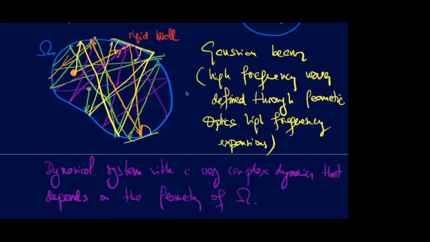Why? Because yes, you have an idea of how the dynamics is evolving, but then you realize out of this example that the behavior of solutions not only depends on what is the system you are considering, but actually also where you are putting the initial energy.